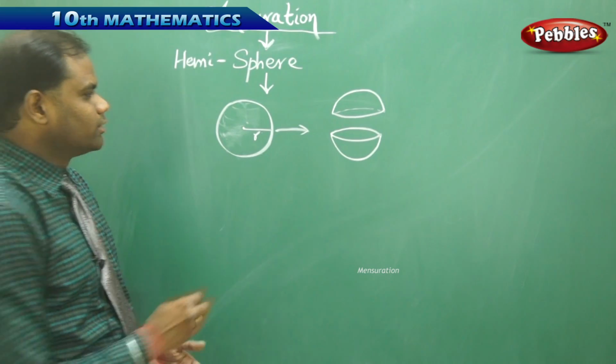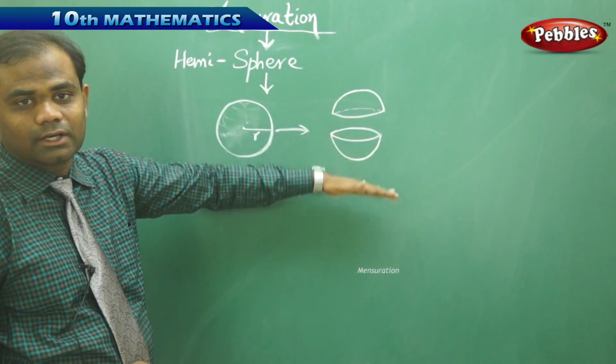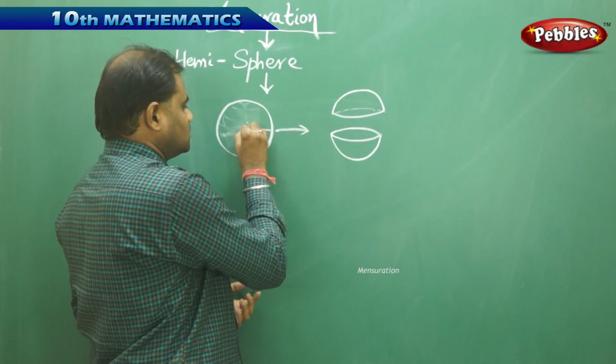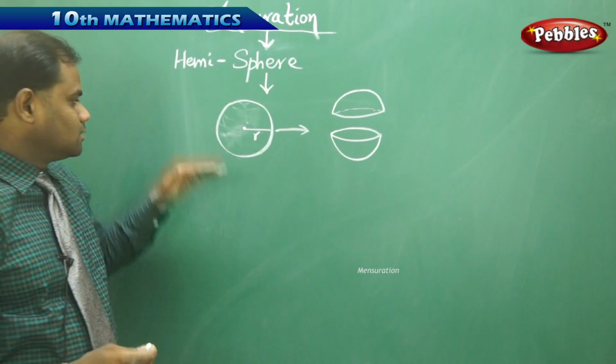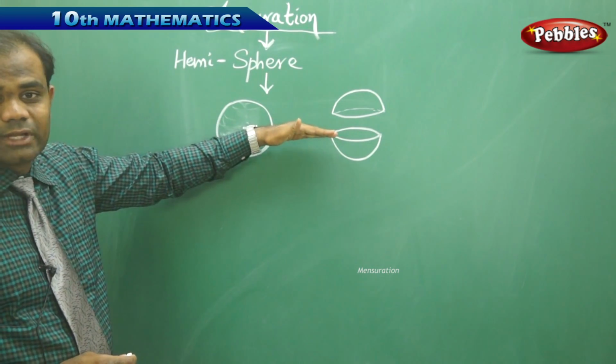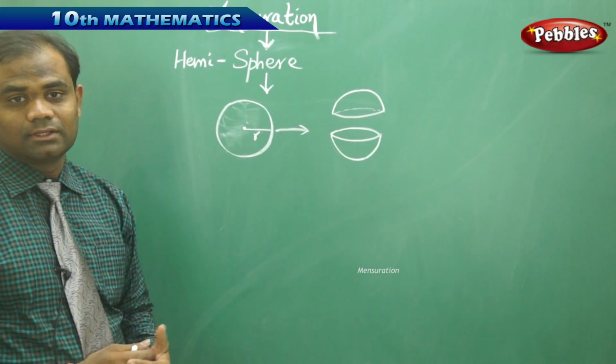These are the two regions which I obtain when I cut the sphere, the upper region and the lower region, cutting exactly through the diameter. I get two regions which are hemispheres.